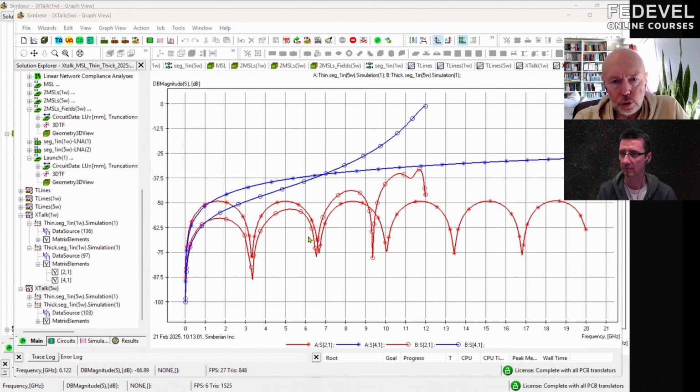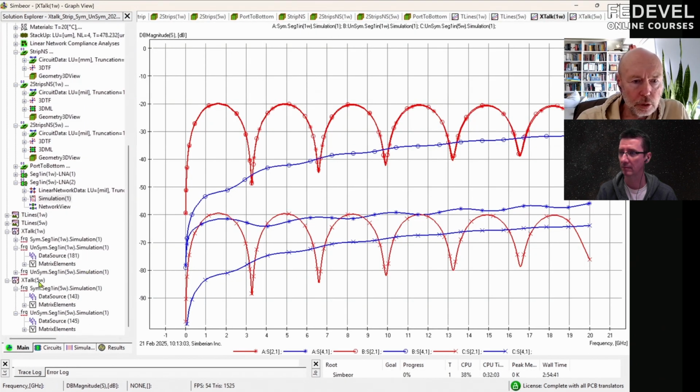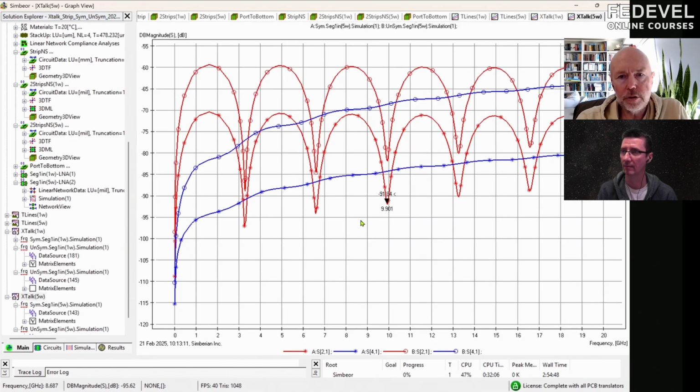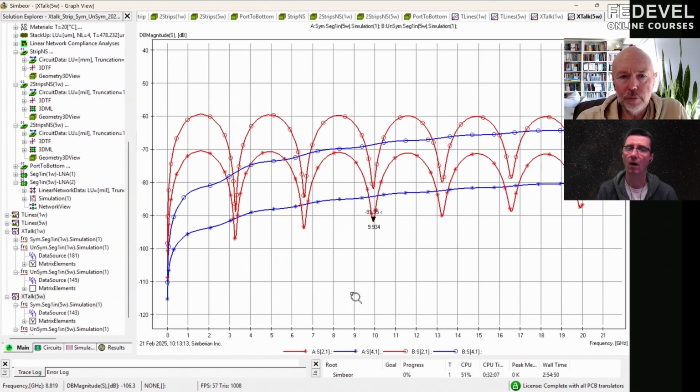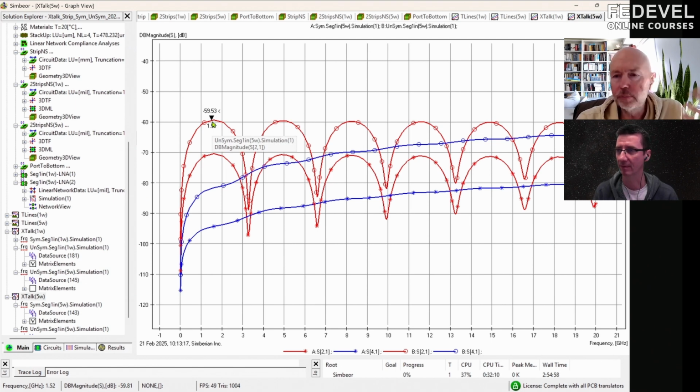But if you switch to this one, and let me just uncheck this one. And 5W again. I tried to compare 1W and 5W, where obviously 1W is worse and 5W is better.